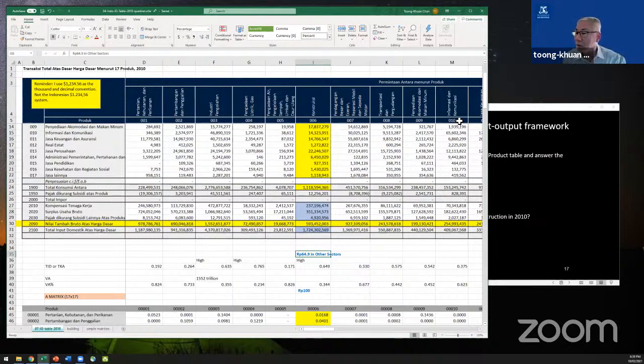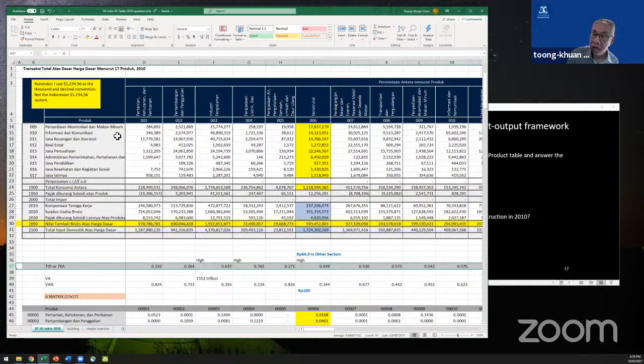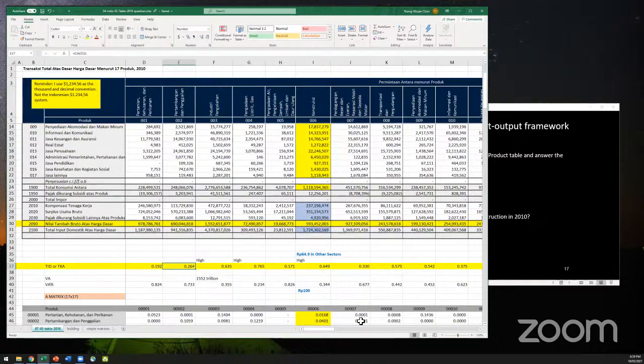All right. Now, we call that a backward linkage. So this total intermediate demand, or total konsumsi antara, basically looks at how much an investment or change in demand in these 17 sectors drives your overall Indonesian economy.